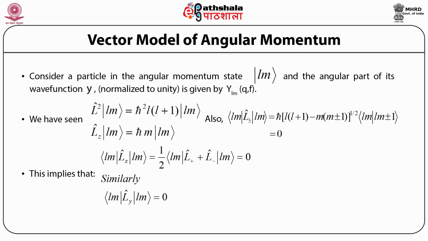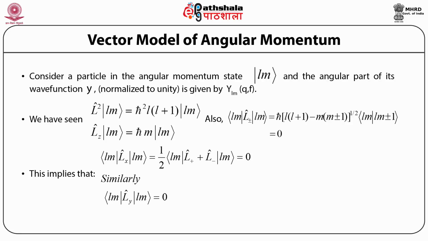So now looking at the eigenvalue equations of the L square operator and Lz operator and the expectation values of the ladder operators L plus and L minus, one can see that the expectation value of the x component of the orbital angular momentum operator, that is bra vector Lm operator Lx ket vector Lm, is equal to half times bra vector Lm operator L plus plus operator L minus acting on ket vector Lm, and this gives the final result as 0.